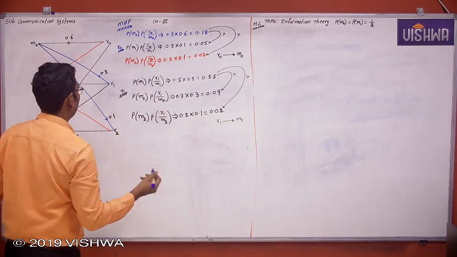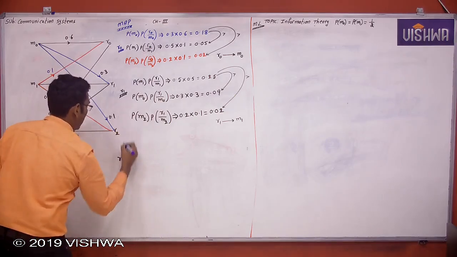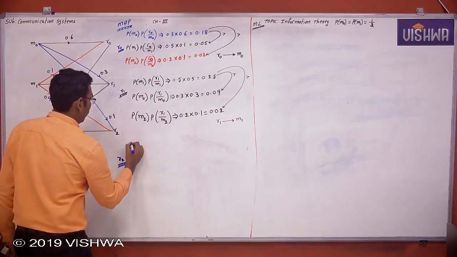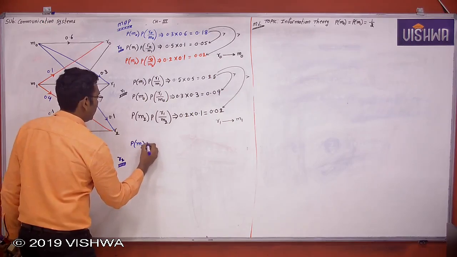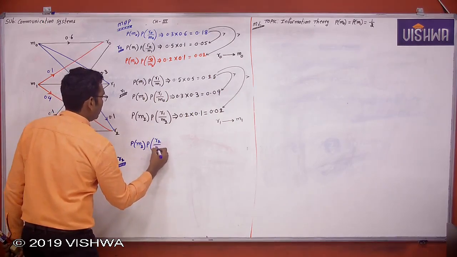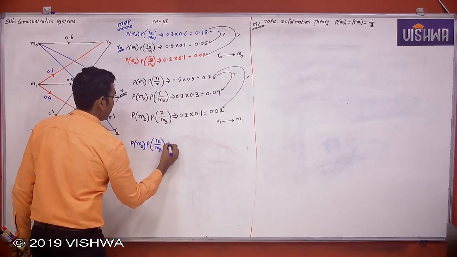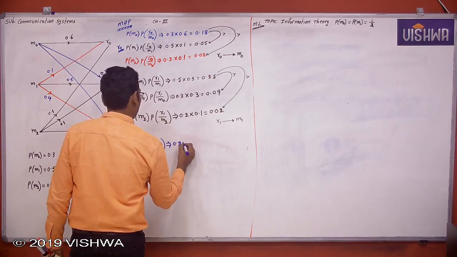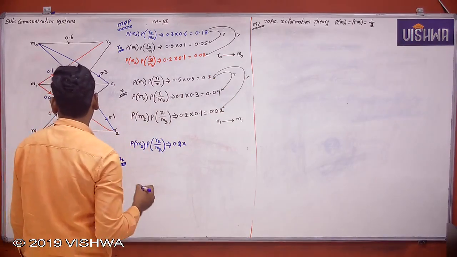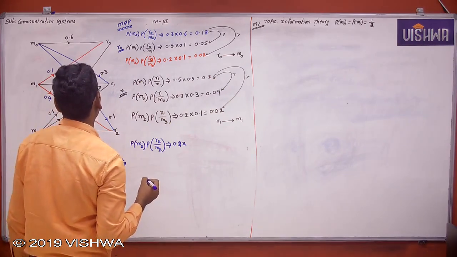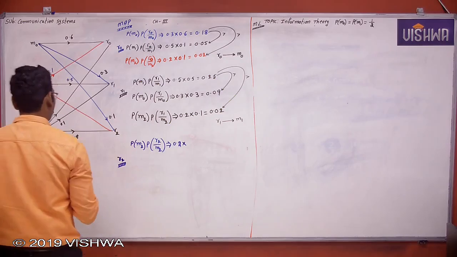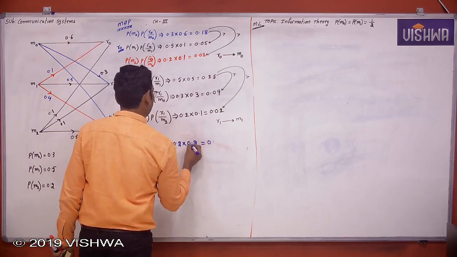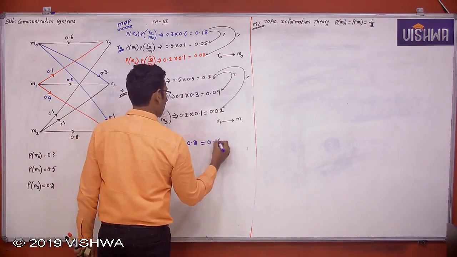Now come to R2. The main product is P of M2 into P of R2 by M2, which is 0.2 into 0.8, which is 0.16.